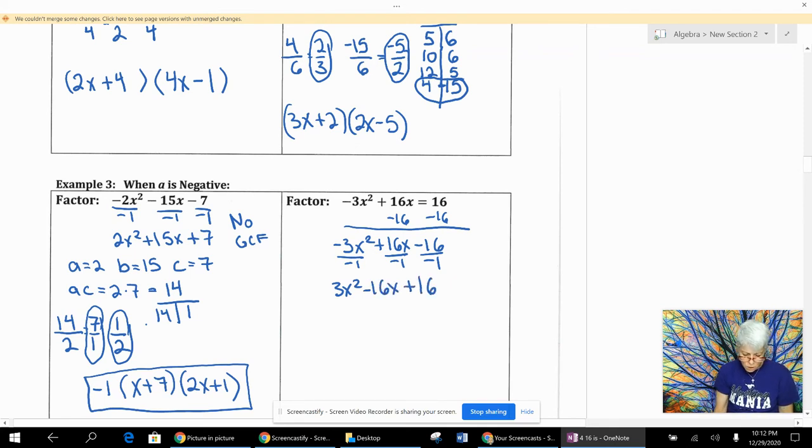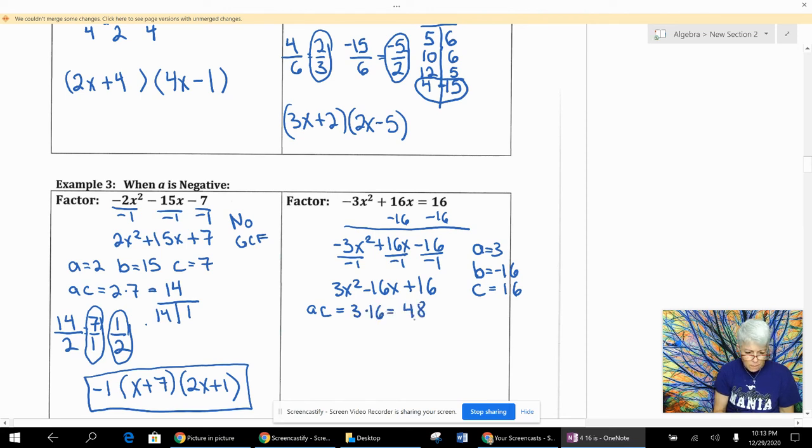All right, there's no GCF, so I'm going to go ahead and do A. A is 3, B is a negative 16, C is 16. A times C is 3 times 16, which is 48.